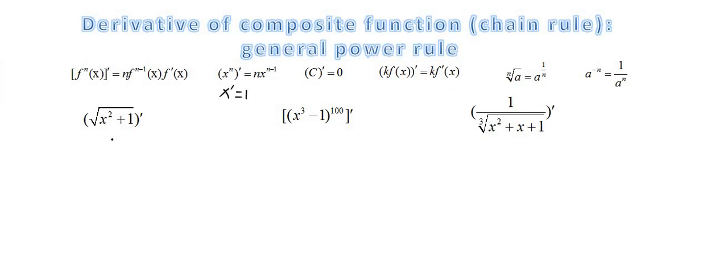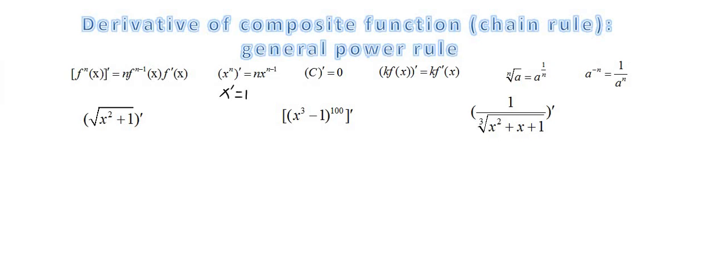The first example. For the first example, we can tell here we have a square root. That means that is not the format of f(x) to the power n. So we're gonna transform it. How to transform it? We're gonna apply the rule of nth root of a equals a to the power 1 over n.